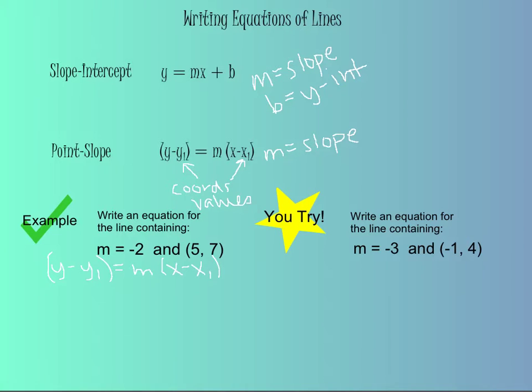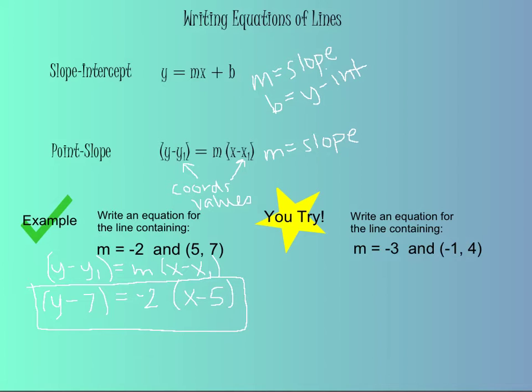And then I'm going to plug in: y minus my y1 value, which is the y value of my coordinate. So y minus 7 equals m, which is negative 2, times x minus my x1, which is 5. This is the answer in point-slope form.